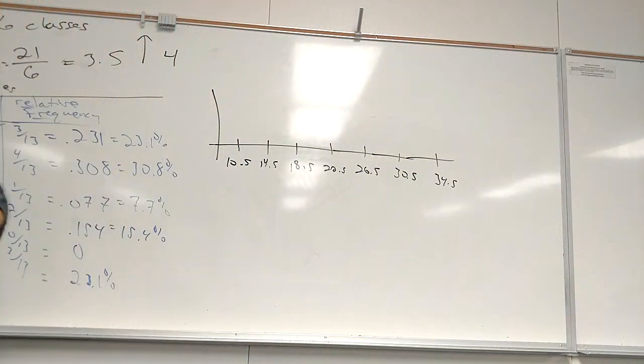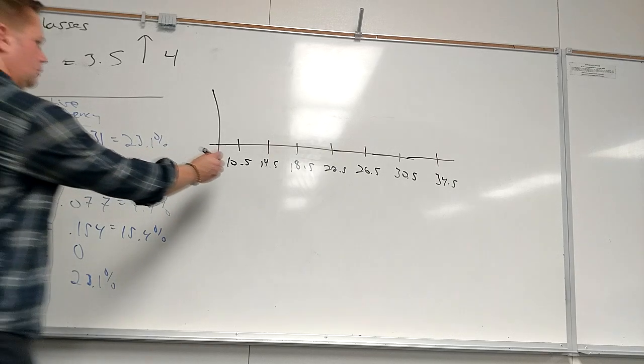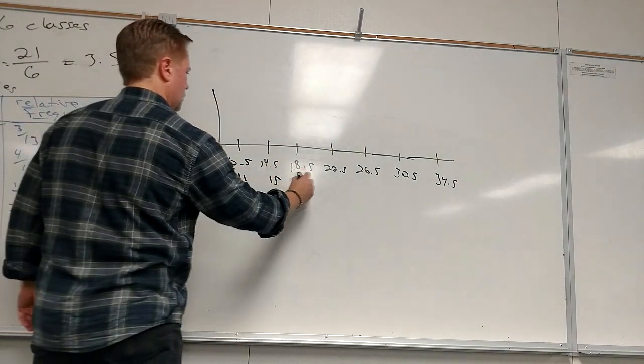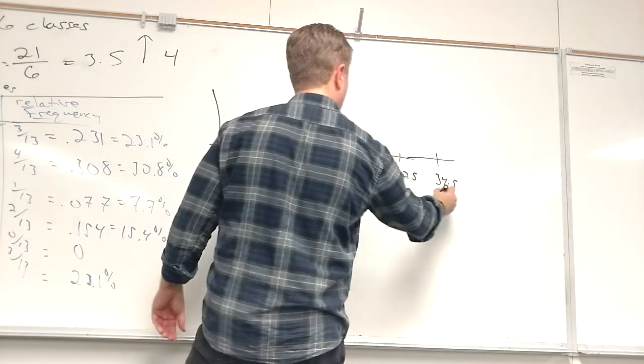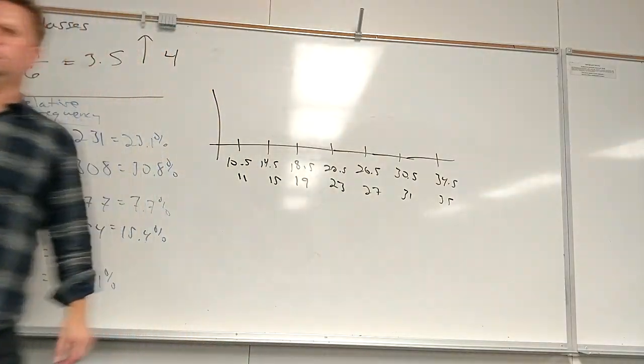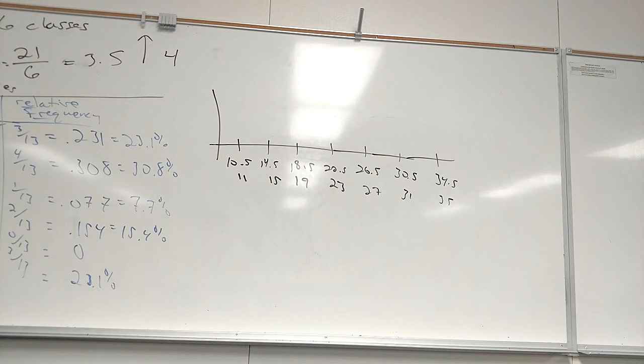Okay. Now, if you did it with the inequality way, here's what the scale would look like. Right? Just these numbers. There's no, the limit is the boundary in this case.